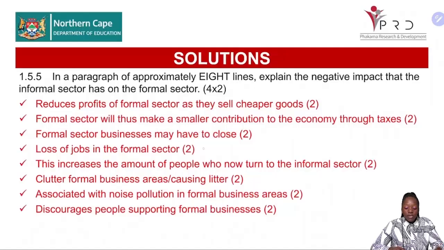Then it also increases the number of people who now turn to the informal sector. Remember again, loss of jobs is also one of the reasons why there is a high informal sector in South Africa. Then also, they are associated with noise pollution in the formal business areas.